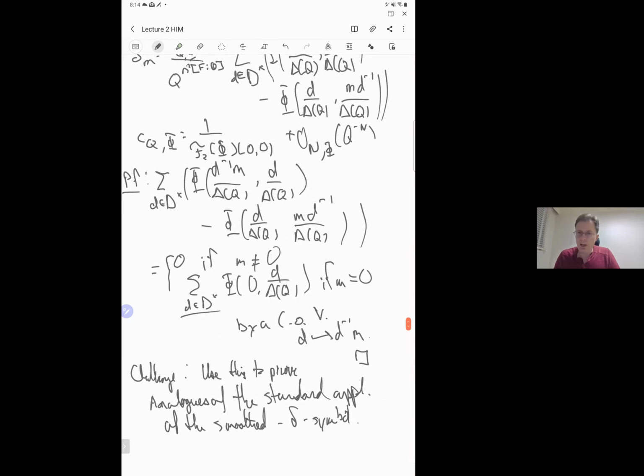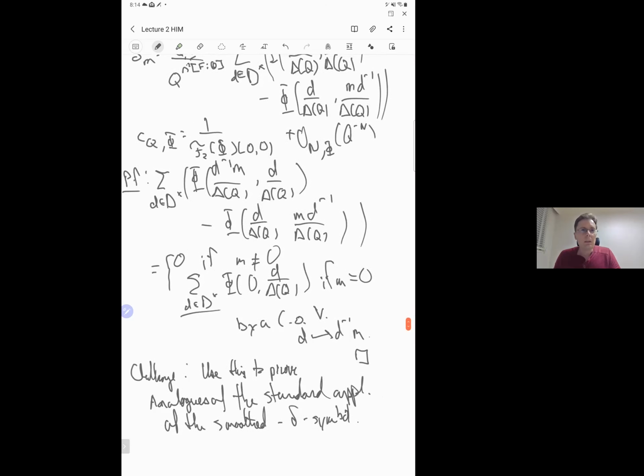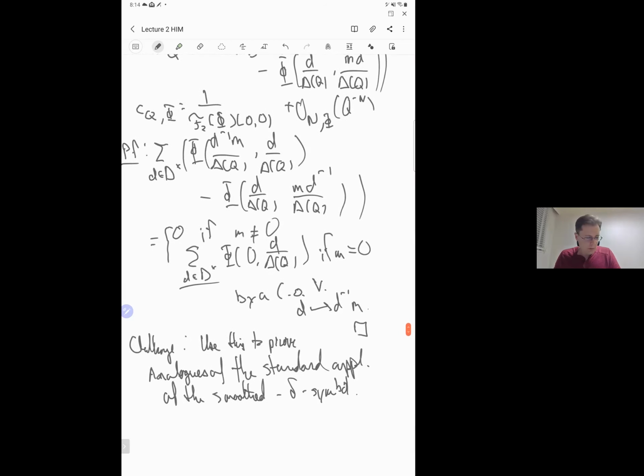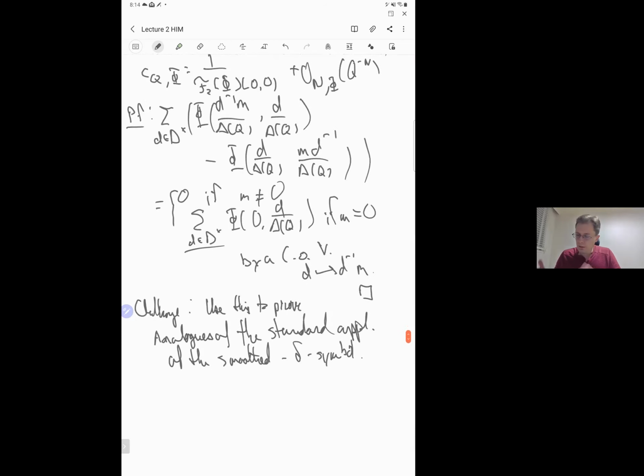But the point is with non-commuting variables. This is just a challenge. I don't have any theorems in this, but I think it would be fun for somebody to work this out.